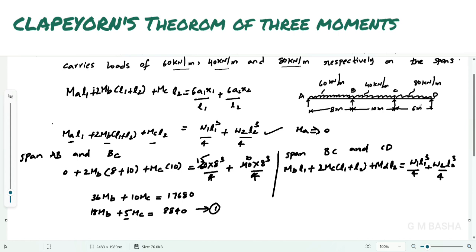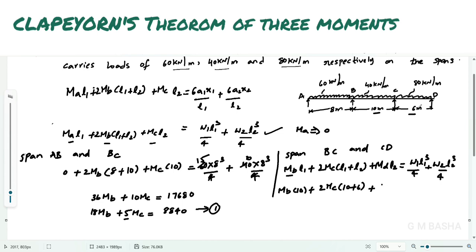So like that you have to change this formula in terms of BCD. Okay, I will take down this one directly like this. Again for MB you will get moment MB into, what about L2, which is 10. Again 2 MC into L1, which will be this span B and C, 10 plus 6.